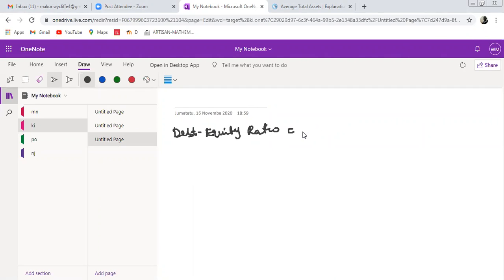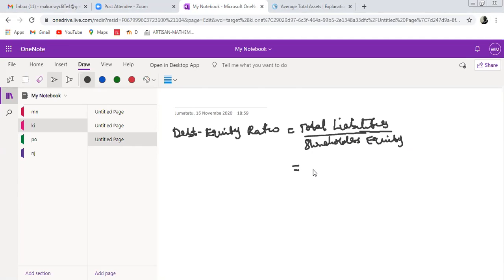So we know it's given by the total liabilities over shareholders' equity. Total liabilities simply means current liabilities plus long-term liabilities.